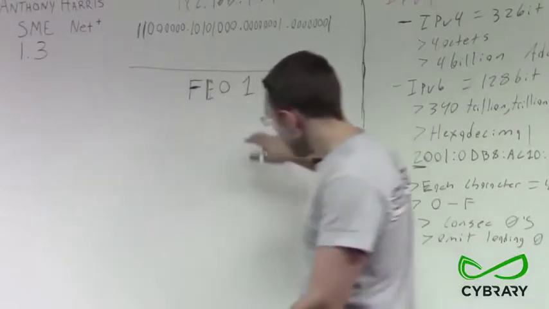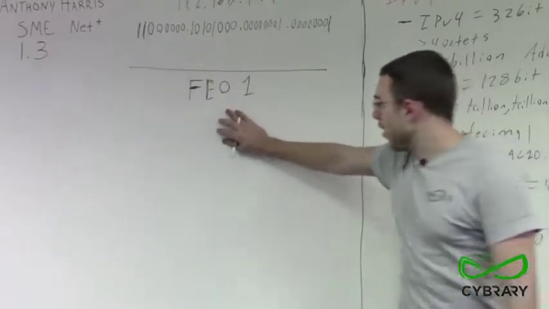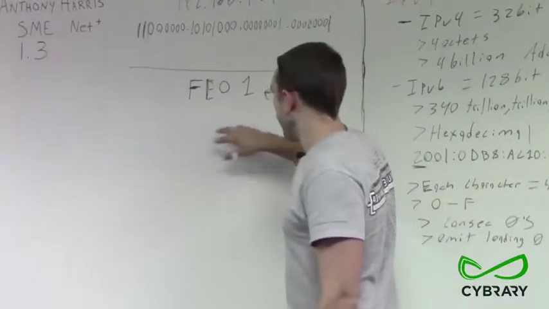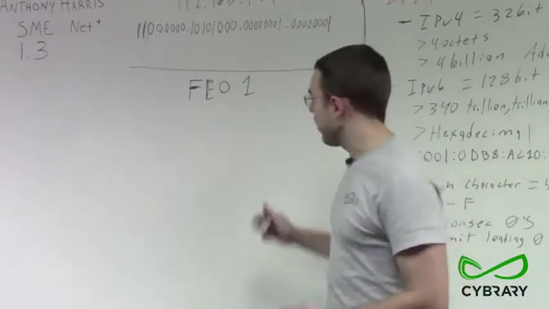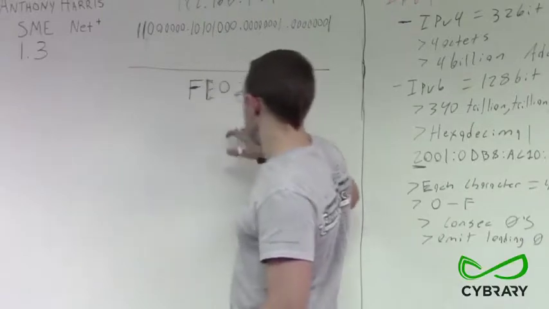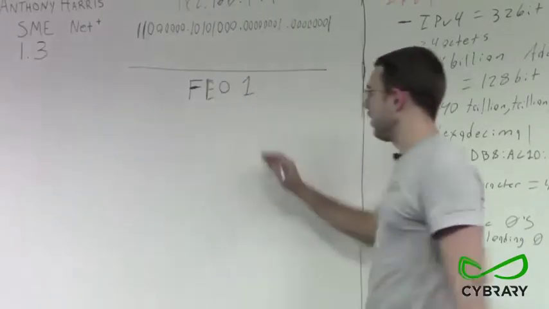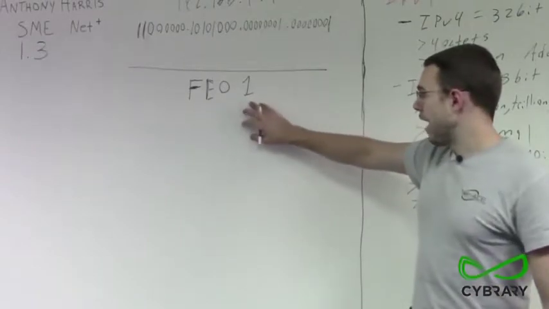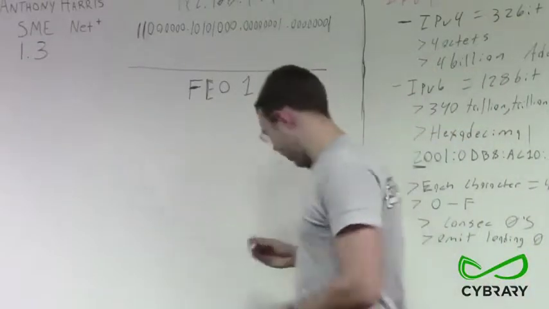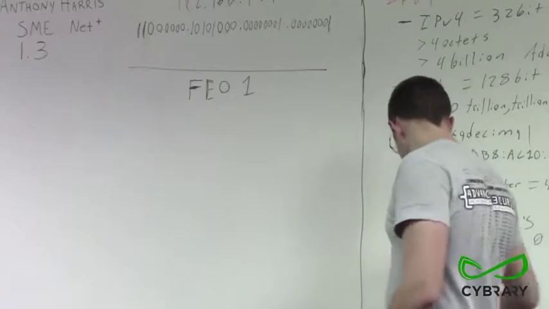When we break FE01 down into binary, this is going to be 4 groups of 4 binary digits. So we'll go ahead and write out a chart again.